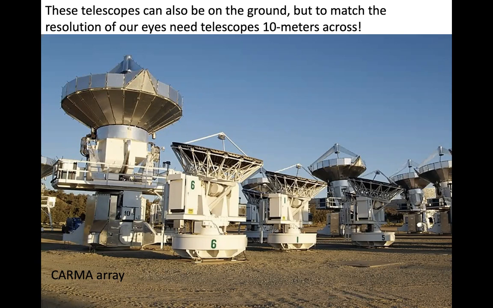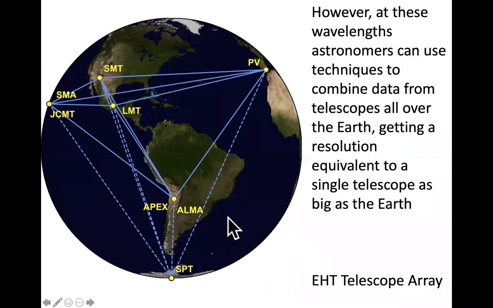And what was used to make that image is a collection of telescopes, some of which were in South America, some in North America, some in Hawaii, some in Spain, and even one in the South Pole. And basically, by combining the data from all of these different instruments in very clever ways, you can create a telescope whose effective diameter is roughly that of the Earth.